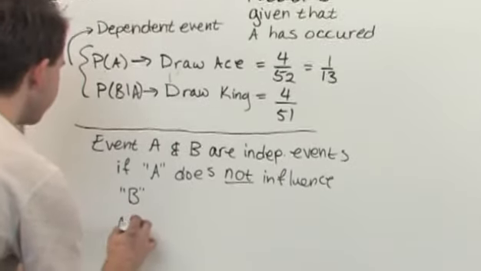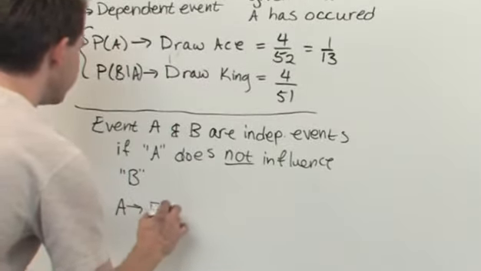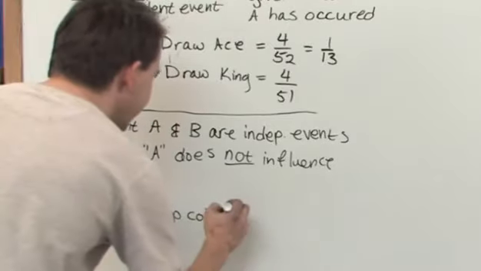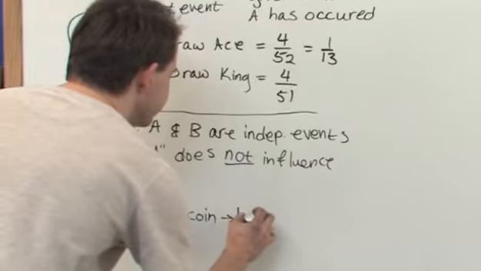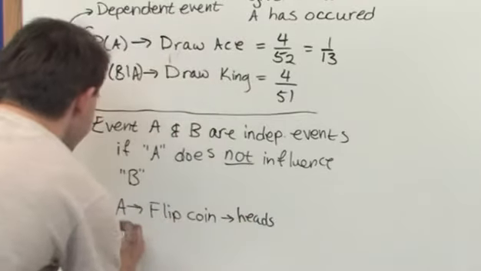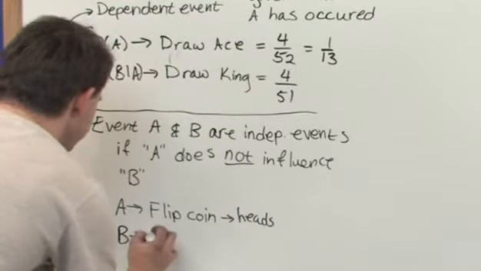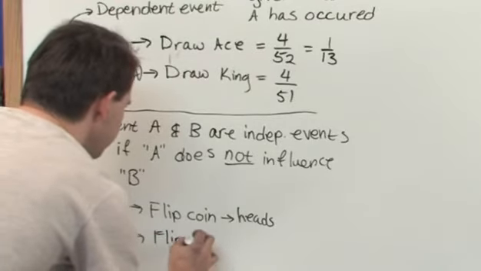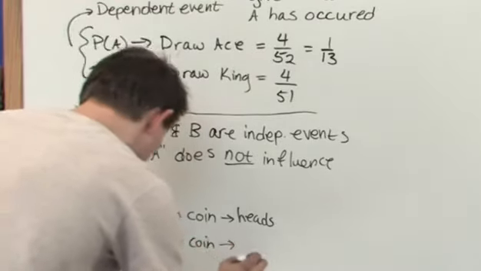If event A was to flip a coin to get a heads, and then event B was to flip the very same coin to get a tails.